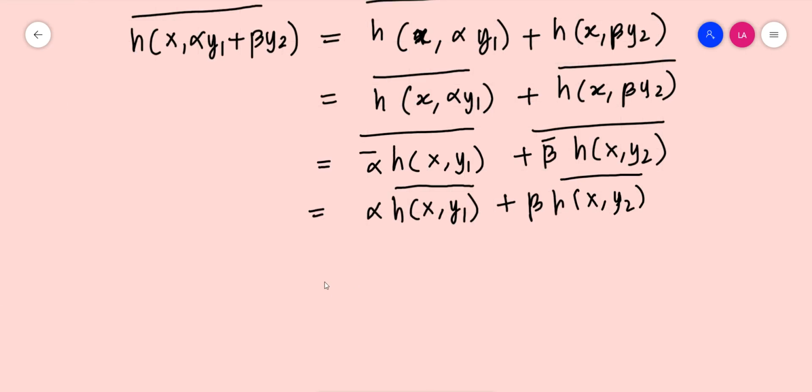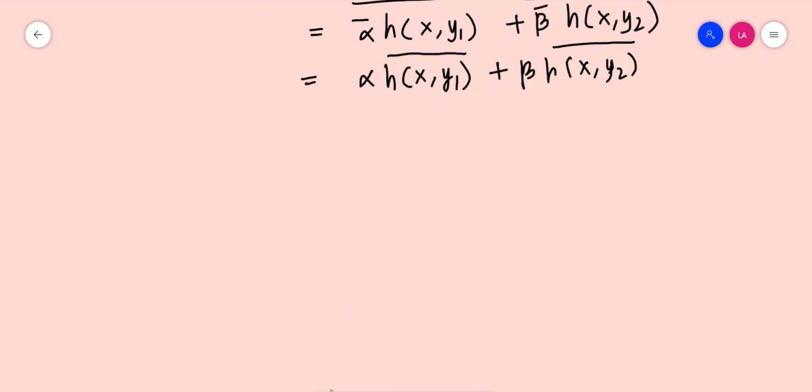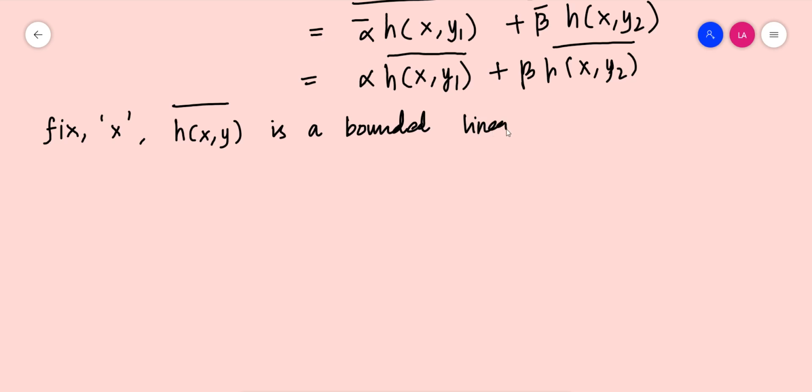So now we fix x. Then for every fixed x, the conjugate of h of x, y is a bounded linear functional, because it is linear with respect to the second component and it is already given that h is bounded.